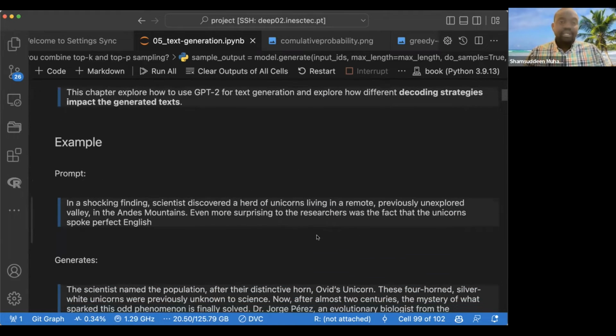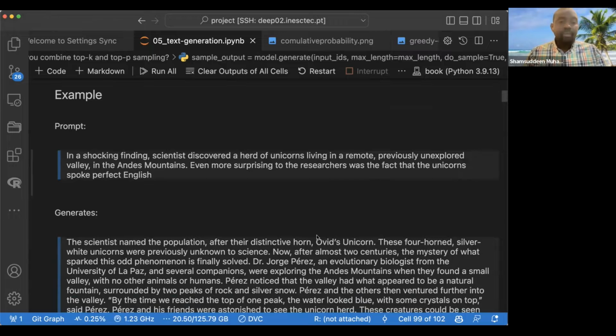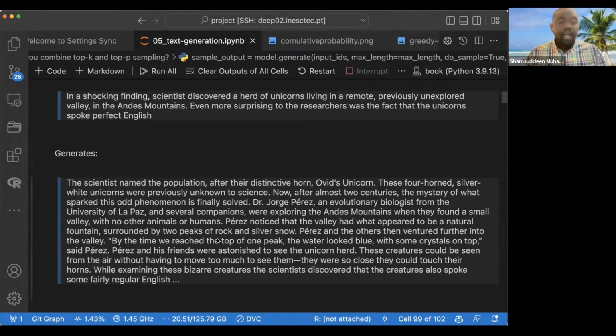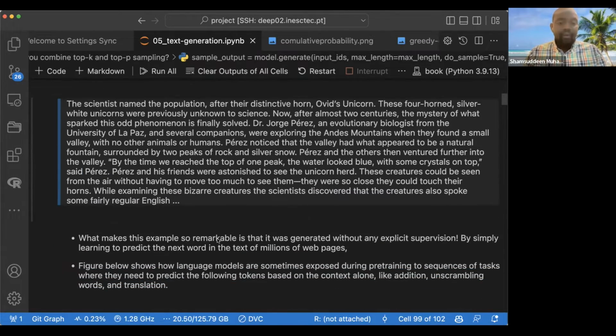So this is an example in the book where they give this as a prompt and GPT-2 generates a very coherent text. This is one of the things we will see now, how this stuff has been generated.